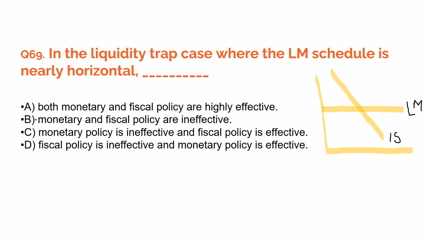So monetary policy is ineffective while fiscal policy is very effective. The IS curve moves towards the right and we see the output increases from Y to Y naught. Monetary policy is ineffective, but fiscal policy is effective. The correct answer should be option C.